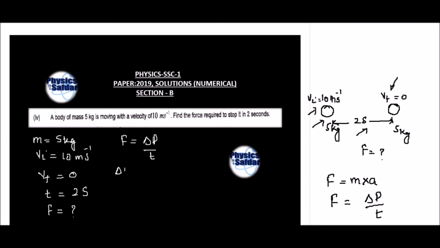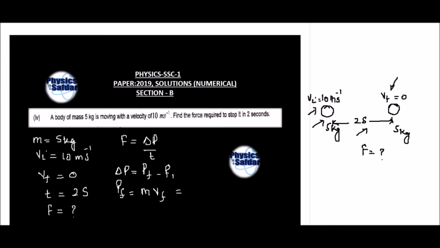The change in momentum you can write final momentum minus initial momentum. Pf is equals to, momentum is the product of mass and velocity, so you can write here the mass of the object and its final velocity. The mass of the object is 5 kg and the final velocity is 0.